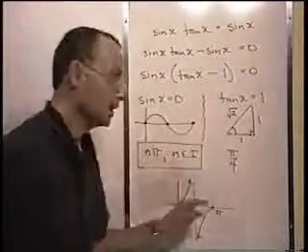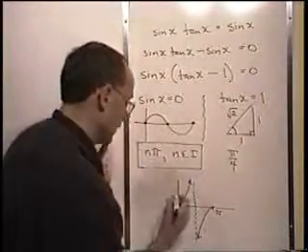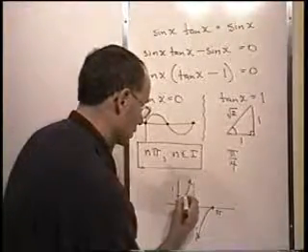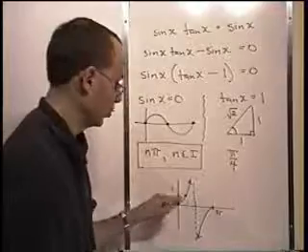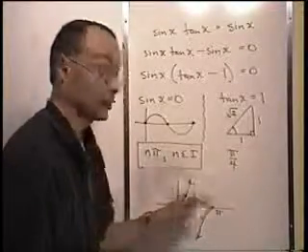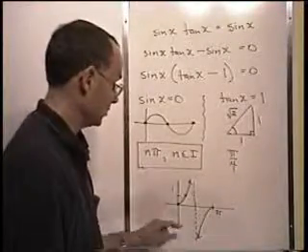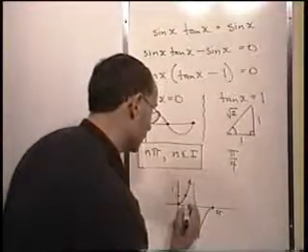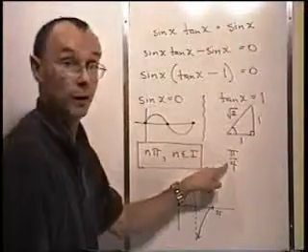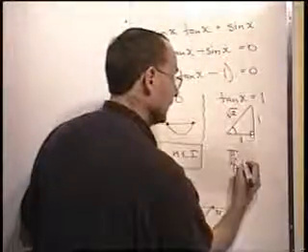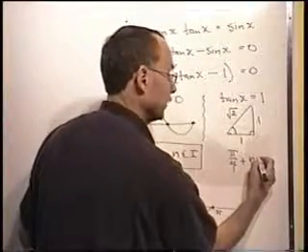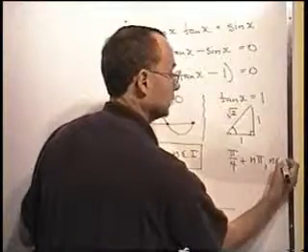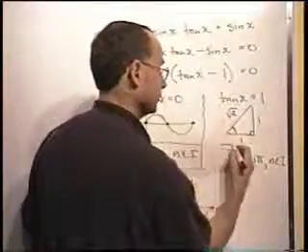If we look at one period of this graph, and let's say this is the y value of 1, it would occur in only one point during one cycle. So all I have to do is say, well, I know what that one value is. That is occurring at pi by 4, and I'm going to add to that multiples of the period. Again, n belonging to the set of integers.